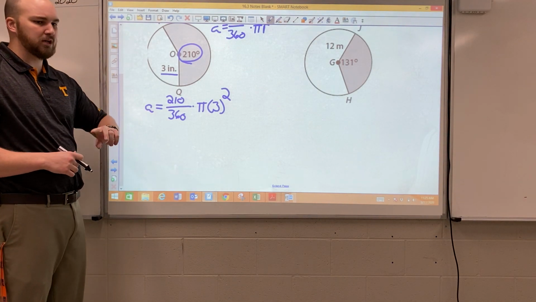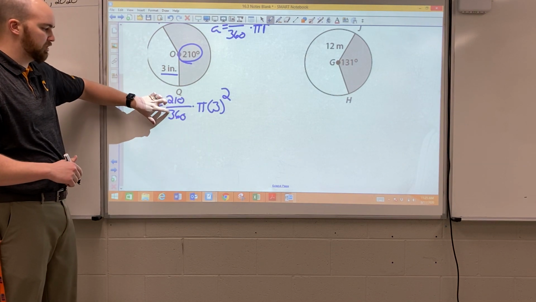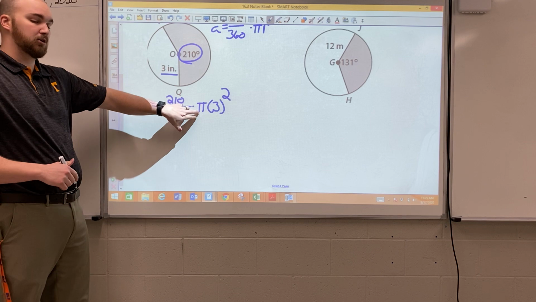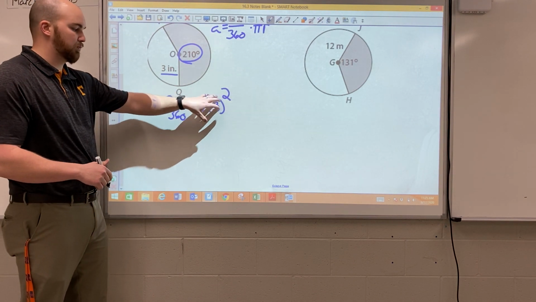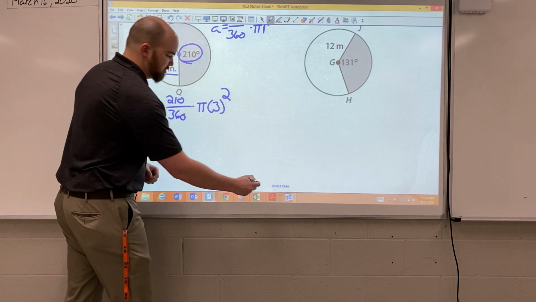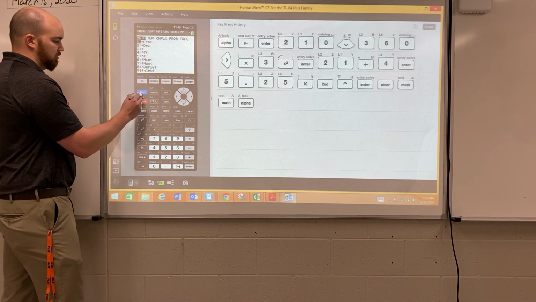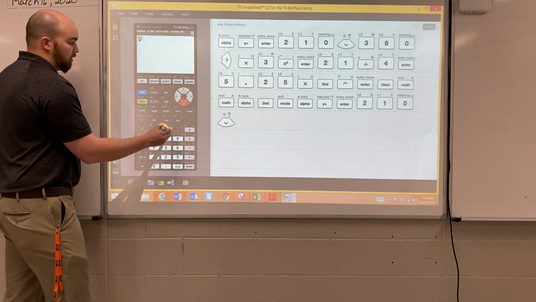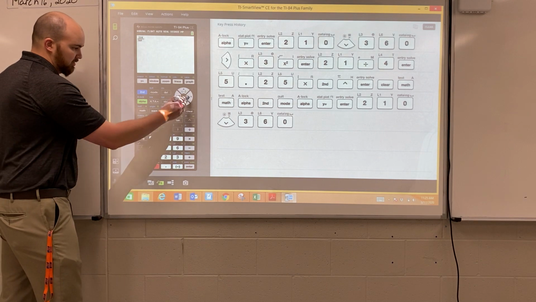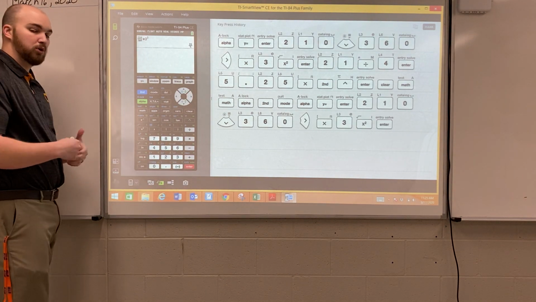Now, again, it wants us two ways. The first way said in terms of pi. So what we're going to do here is we're going to do 210 over 360. We're not going to multiply by pi. We're going to bring the pi symbol down, times 3 squared. So 210 over 360 times 3 squared. If we go to our calculator, if you have a calculator, we can enter 210 over 360 times 3 squared. We get 21 over 4.